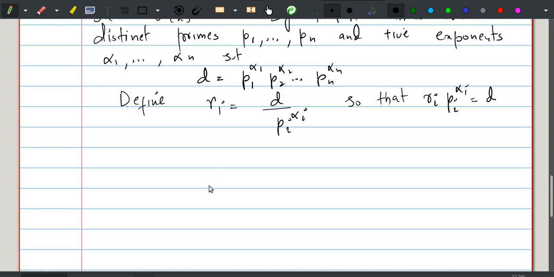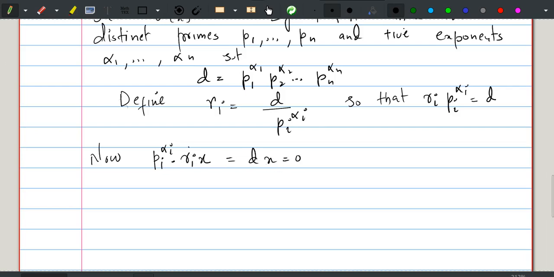Now this p_i to the alpha_i times r_i x is the same as d times x, and this is 0.